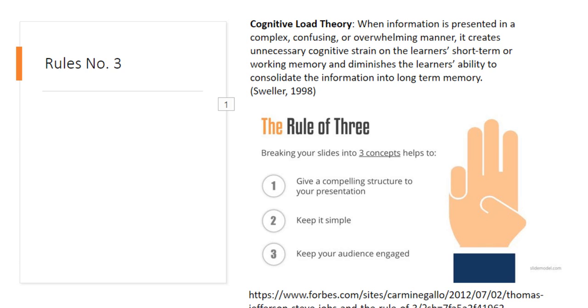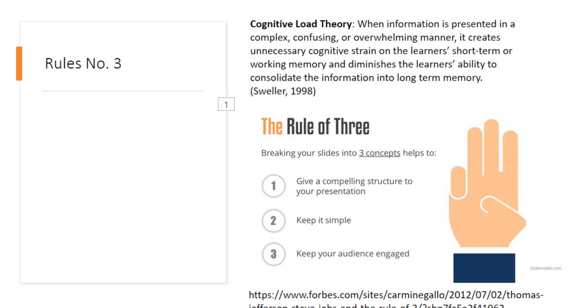Rule number 3 is called the Rule of 3. This comes from John Sweller's cognitive load theory. When information is presented in a complex, confusing, or overwhelming manner, it creates unnecessary cognitive strain on the learner's short-term memory, while the Rule of 3 helps to reduce the cognitive load.